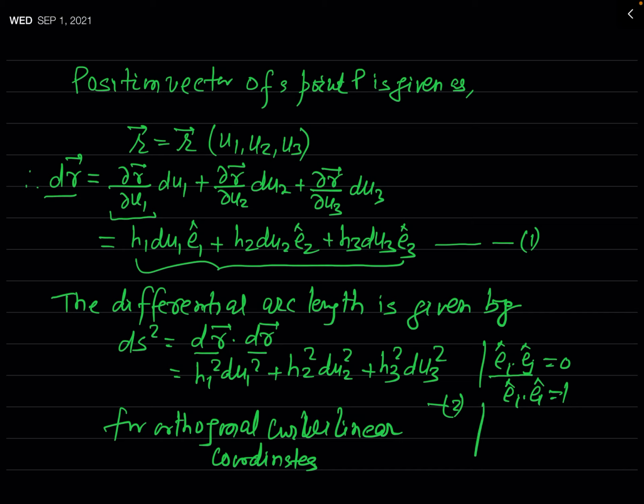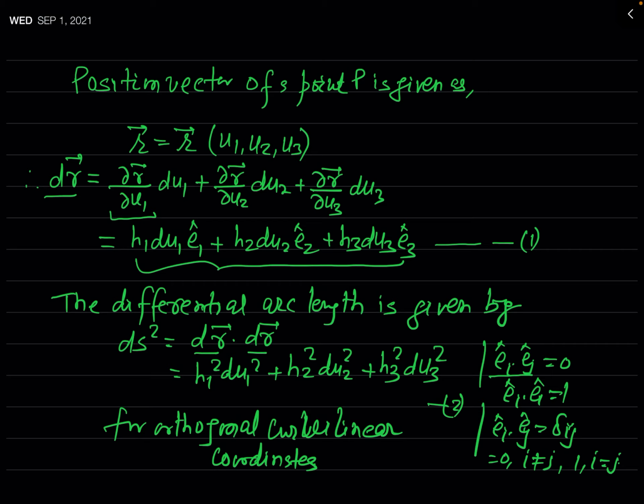In other words, ei dot ej is equal to delta ij, where delta ij is the Kronecker delta, and this is equal to 0 when i is not equal to j, and equal to 1 when i is equal to j. So if the coordinate system is orthogonal, then ds square will be equal to this much.